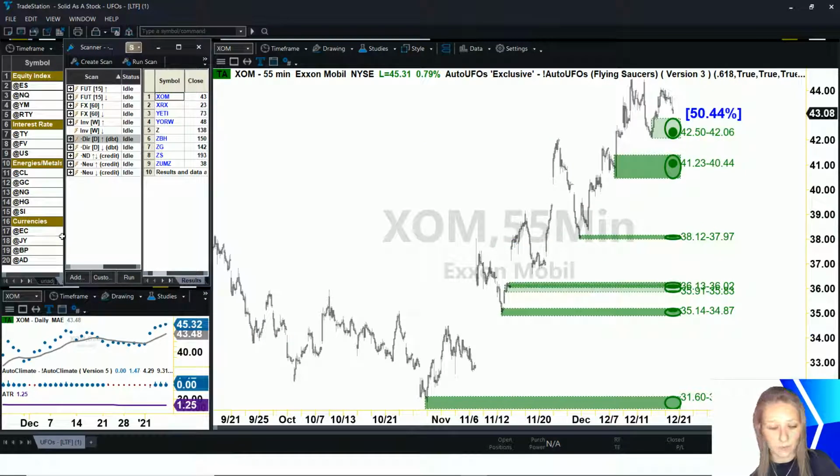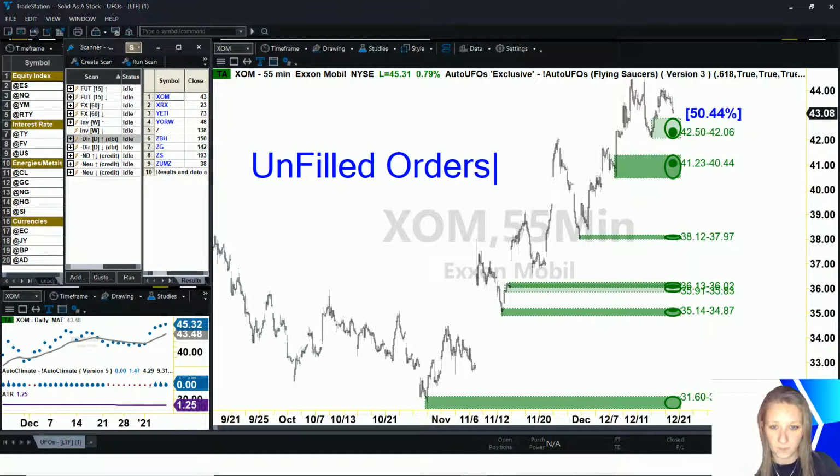So UFO stands for, let me make that bigger. So UFO is unfilled orders. So that's what the UFO bit stands for, unfilled orders. Now, what does that mean? Essentially what we're saying here with unfilled orders is that there are orders to buy and orders to sell in a market or in any market that are waiting to be filled.